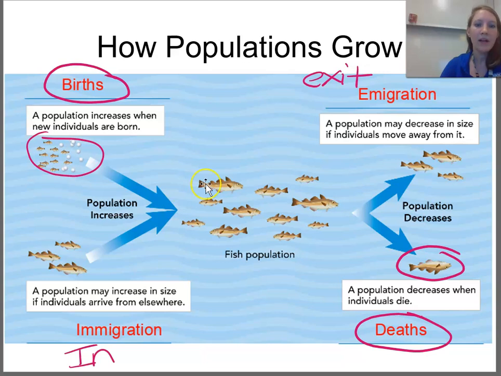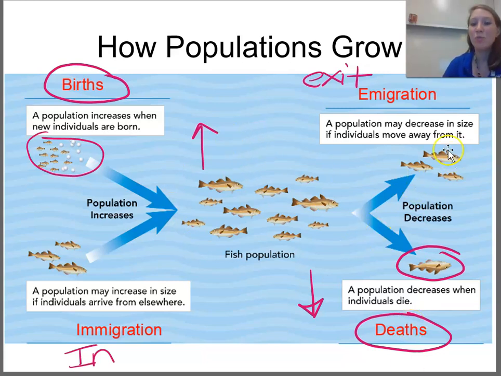So you can think about if you have too many births and not enough deaths or not enough individuals leaving, then your population can get really, really big. It can maybe get too big. Or if you have too many organisms leaving or too many dying, maybe there's a disease that wipes out half of them, then you can really see how a fish population, or one population, can go down so low.